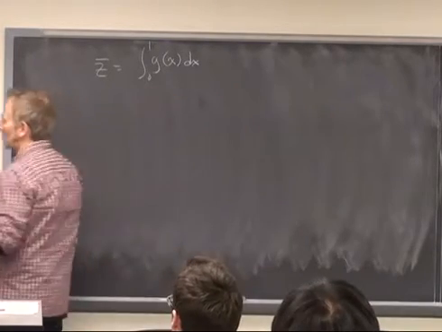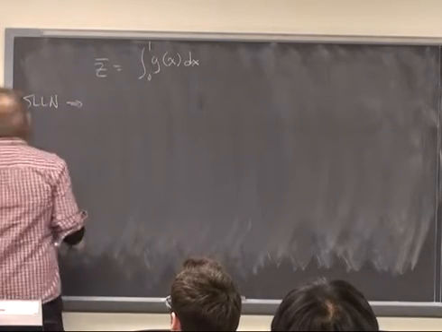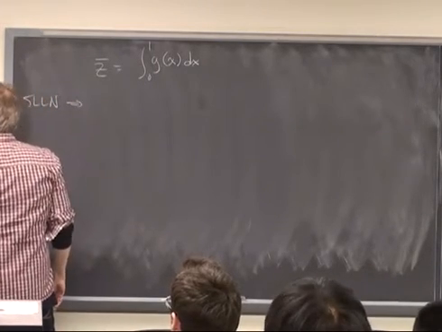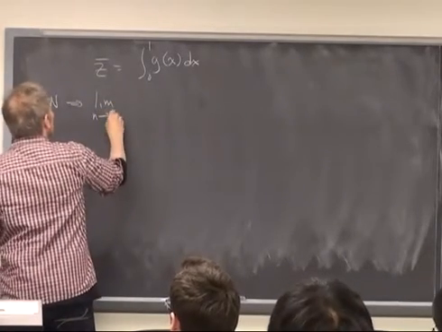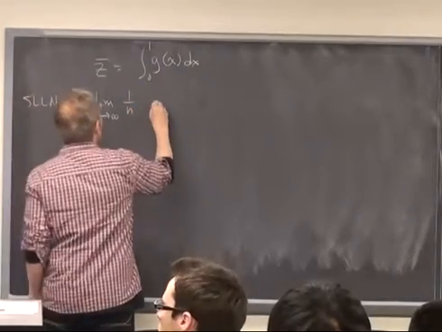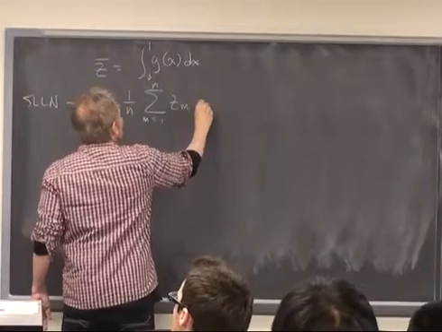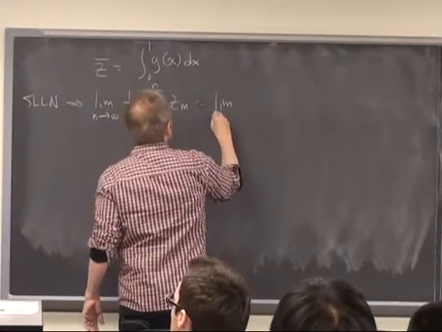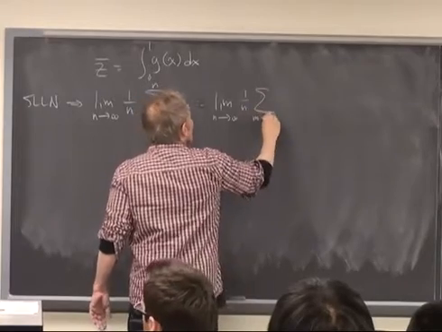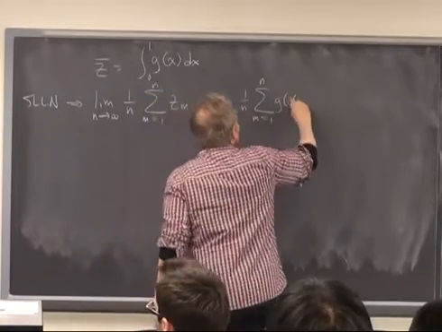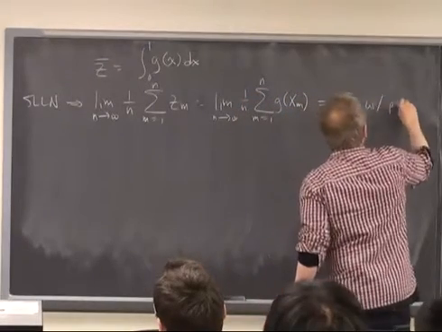And the strong law of large numbers says that if I take the samples x and plug them into g and form the z's, then the limit as n goes to infinity, and I know I'm running a little bit over time today, I apologize for that, of 1 over n times the sum from m equals 1 to n of g of xm equals z bar with probability 1.